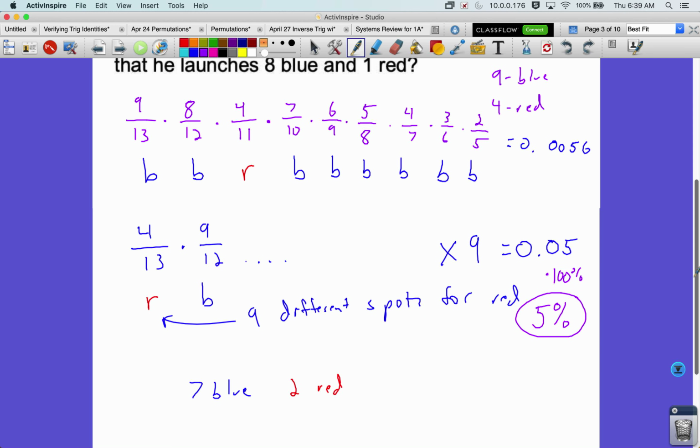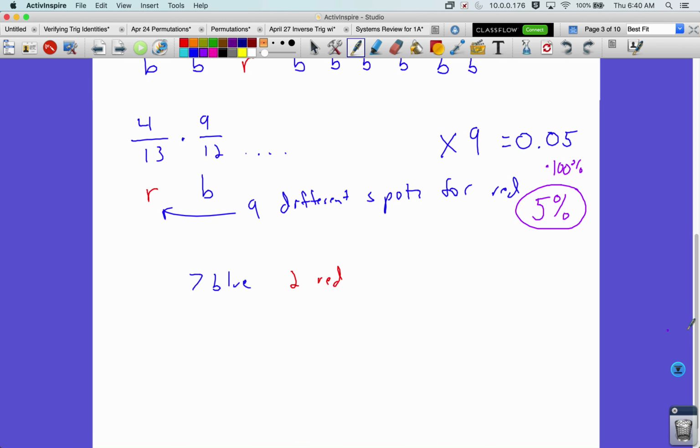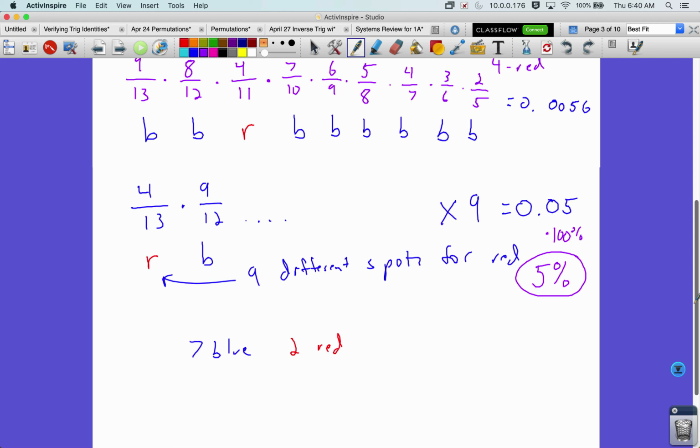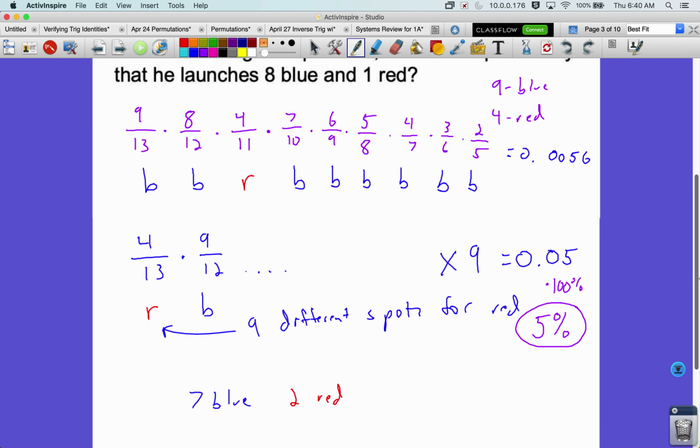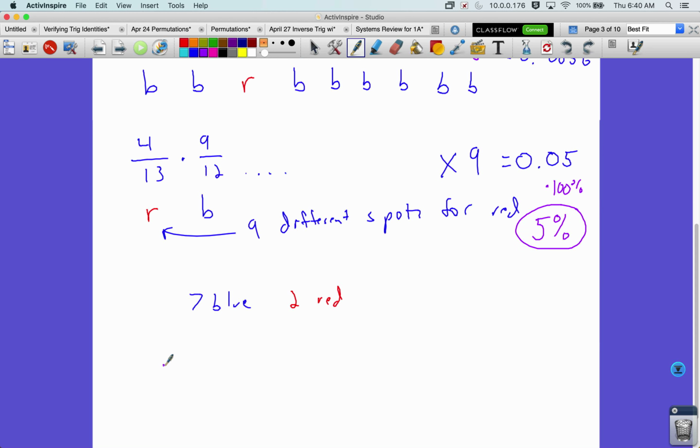So what I'm going to do is for the 7 blue, that's going to be a 9 pick 7 calculation. Let me think about that for a second. Yes. So that's the number of ways to pick the blue. And then for the reds, that's going to be a 4 pick 2.